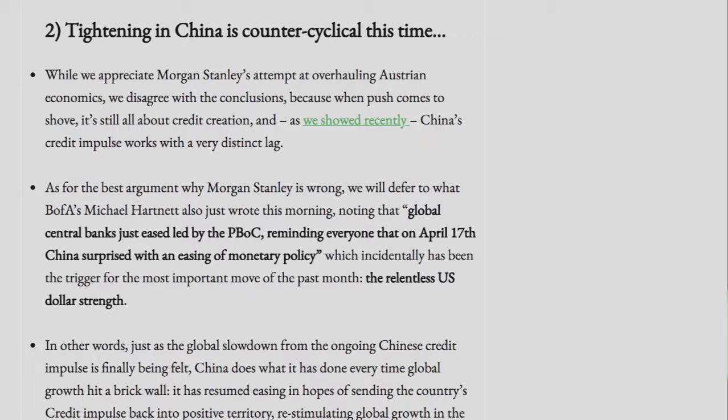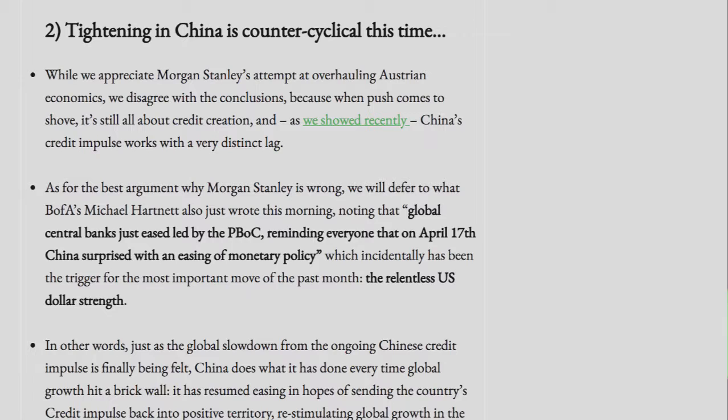As for the best argument why Morgan Stanley is wrong, we will defer to what BofA's Michael Hartnett also just wrote this morning, noting that, "global central banks just eased, led by the PBOC," reminding everyone that on April 17th, China surprised with an easing of monetary policy, which incidentally has been the trigger for the most important move of the past month, the relentless U.S.